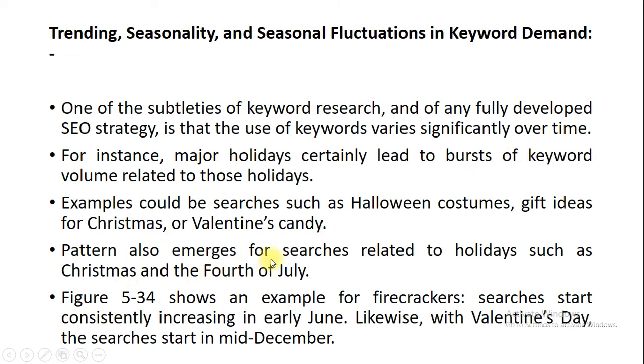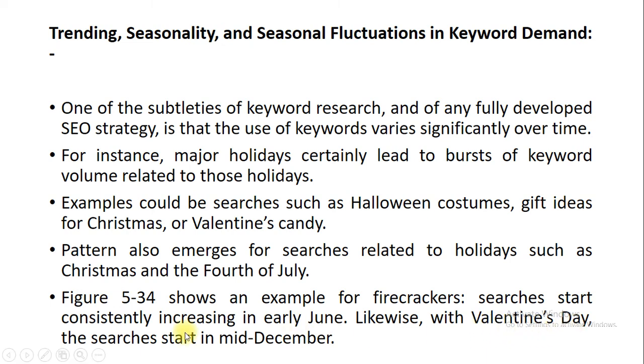A pattern also emerges for searches related to holidays such as Christmas and the 4th of July. The figure over here shows the example of firecracker. Searches start consistently increasing in early June.